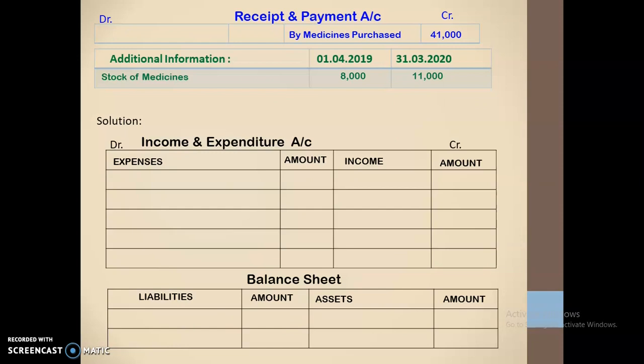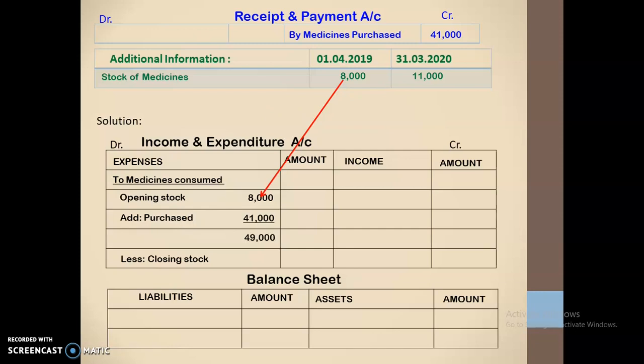Medicines purchased 41,000 which is given in receipt and payment account will be shown on the expenditure side of income and expenditure account. Now here we have to do the entire adjustment and we have to write the amount of medicines consumed during the current year. So here your opening stock rupees 8,000 and purchases rupees 41,000.